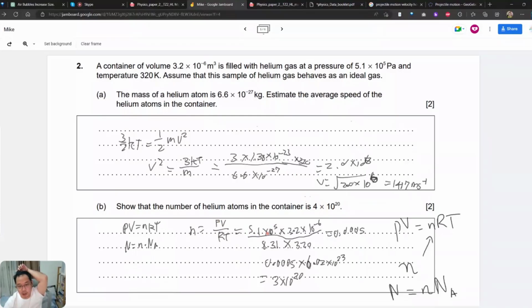Pressure in Pascal, volume in meter cube, over RT, temperature in Kelvin. The number of moles. Oh, yeah, I got 3.7 times 10 to the 20. Okay, yeah, 3.7. So that was very close. Yeah, miscalculation.